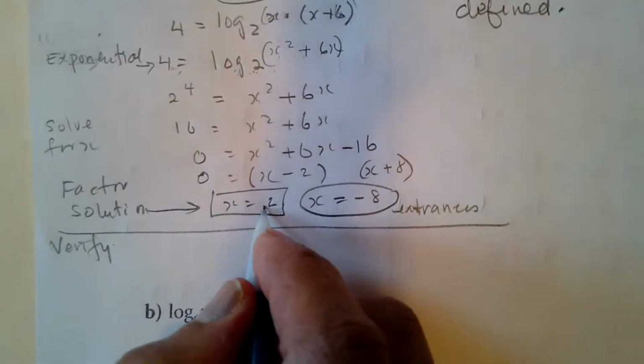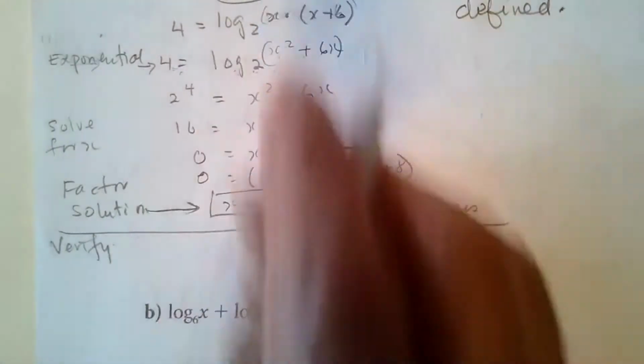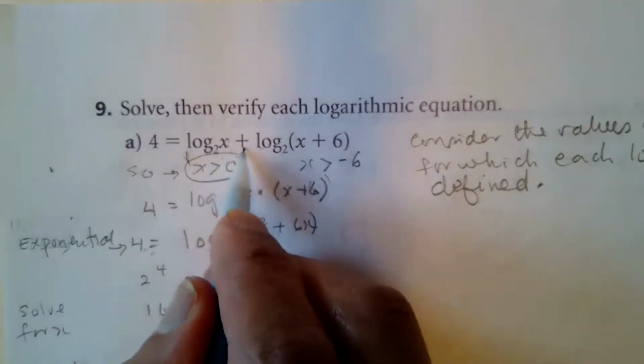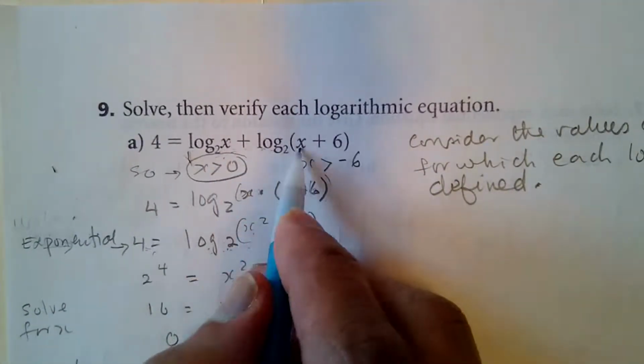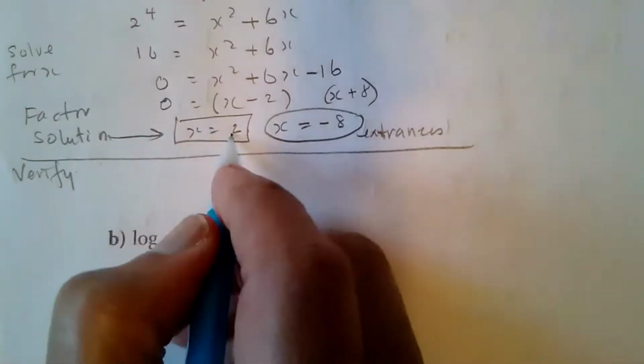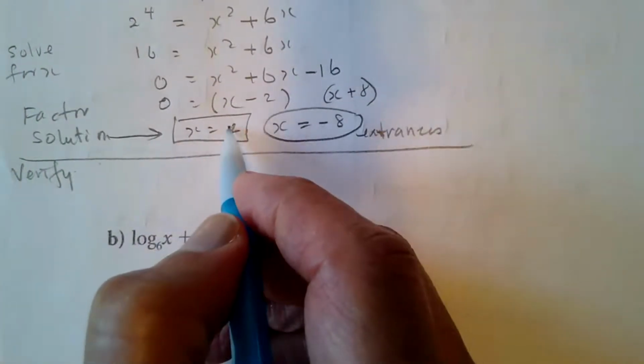let x be equal to 2. If you look at the right side, it's log base 2 of x plus log base 2 of x plus 6. We will substitute 2 for x.